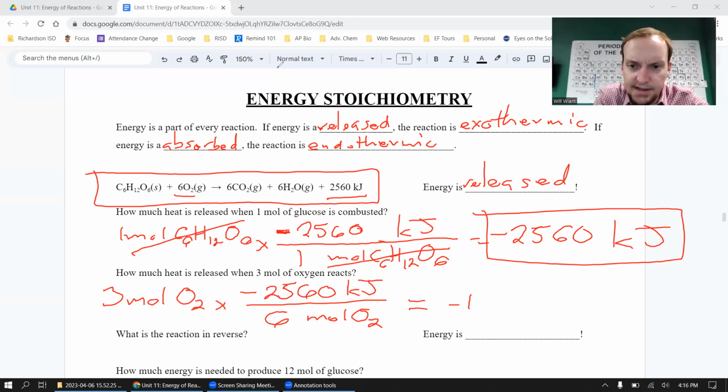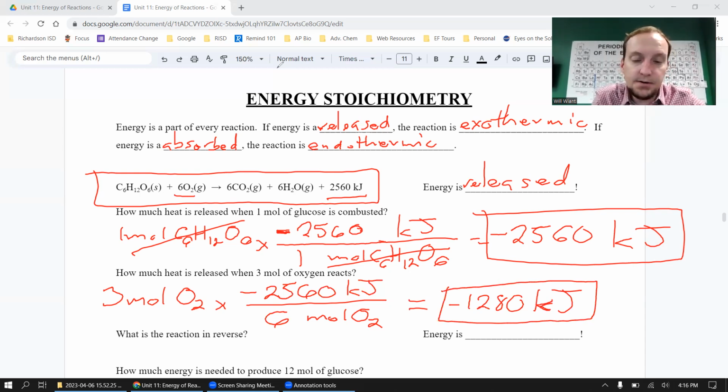If that doesn't make sense, don't worry about it, you can just do it in the calculator. Nevertheless, that is the number of kilojoules or heat that would be released when we combust 3 moles of oxygen, assuming, of course, excess glucose. Okay, there's our very first examples.